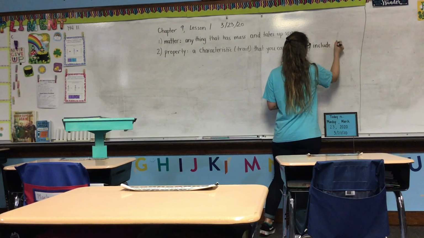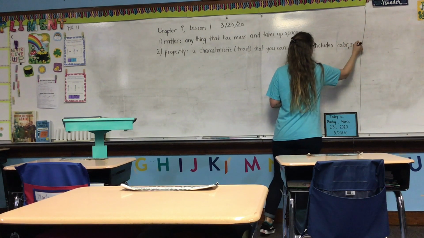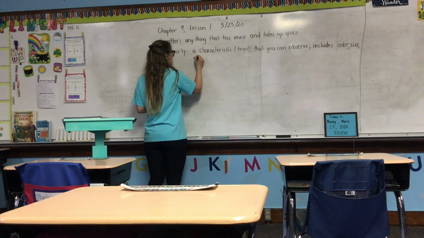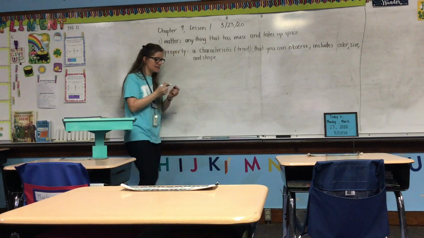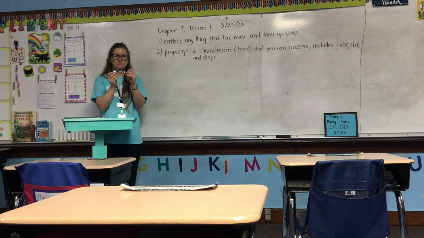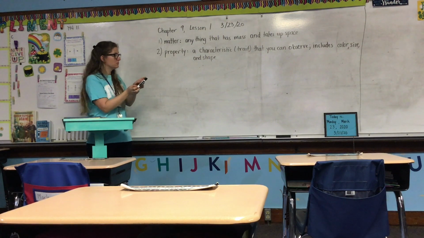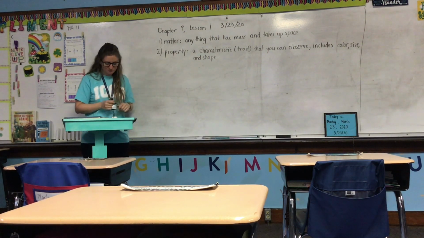Includes color, size, and shape. So I could say the property of this pen is that it is black and white, it is small, and it's kind of shaped like a cylinder.